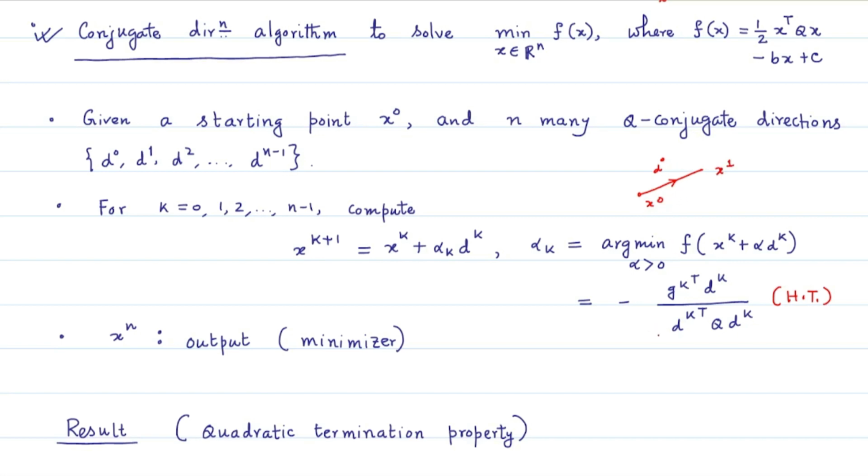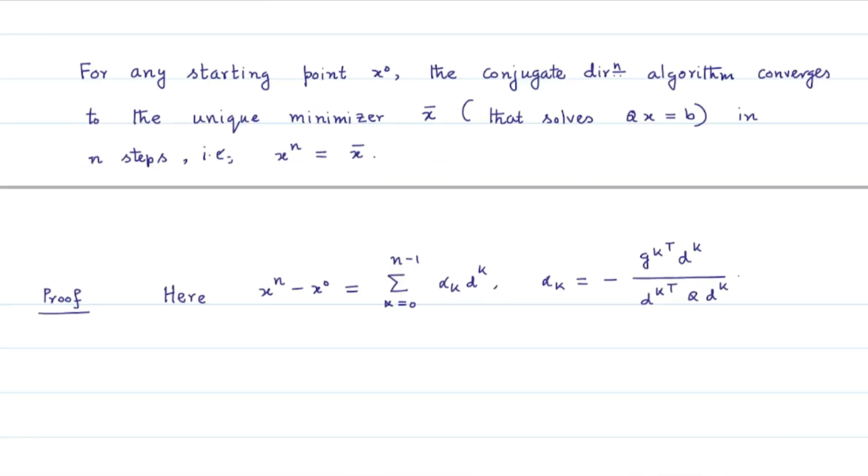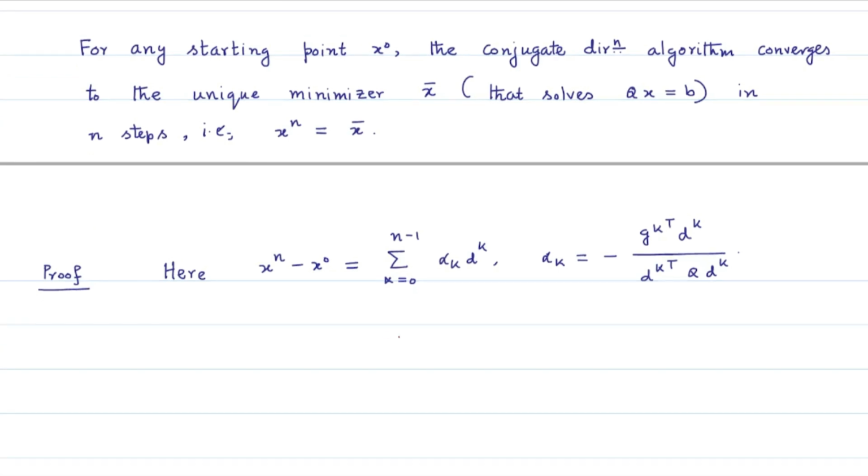And then after reaching x1, we have taken the direction d1, along which a step of length alpha 1 is taken, and so on. So you notice here that this xn is given by x naught plus alpha naught d naught plus alpha 1 d1 plus, till ending up with alpha n minus 1 dn minus 1. So xn minus x naught is certainly given by this expression.